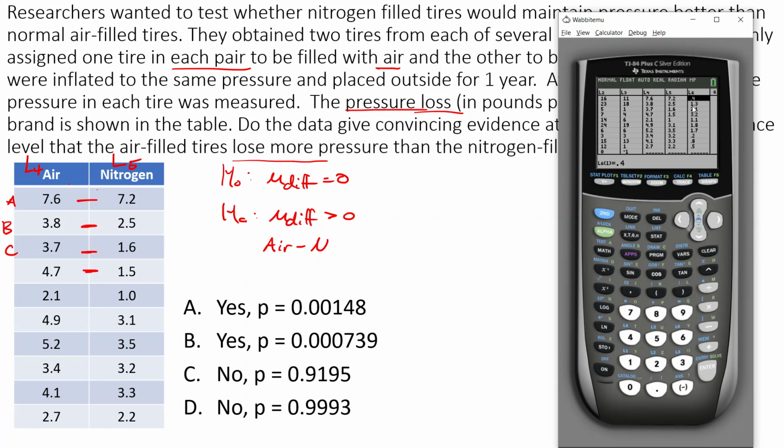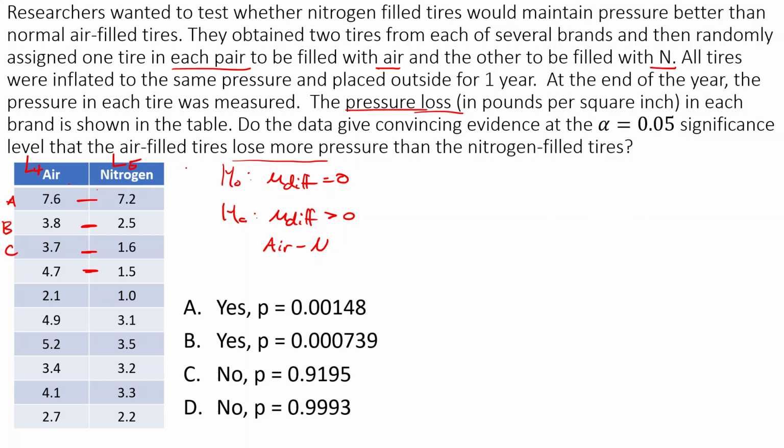And there's our difference. And look at that. Most of them are positive. If most of them are negative, maybe we want to do the subtraction the other way around. But that's what we want to use. So I've got my numbers now in L6. So L6 is the difference. So that's what I want to do my t-test on. So I'm going to do a t-test with data in L6.